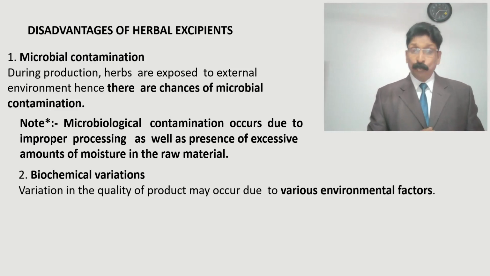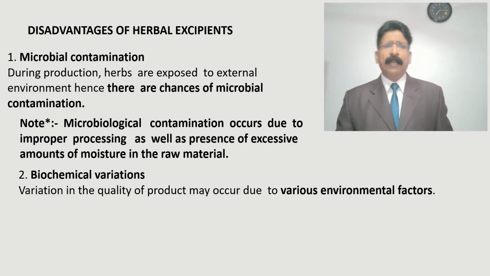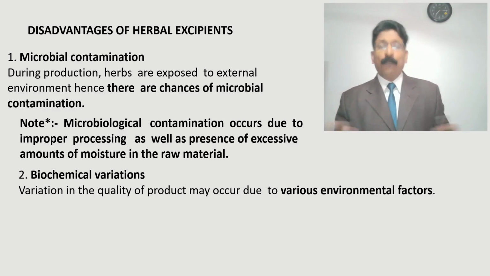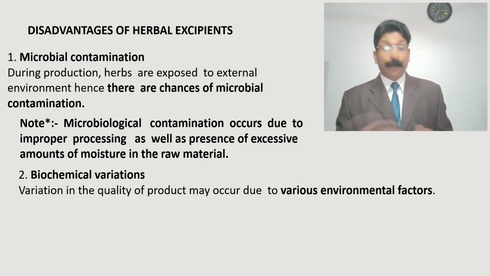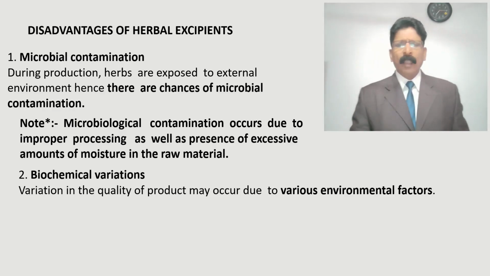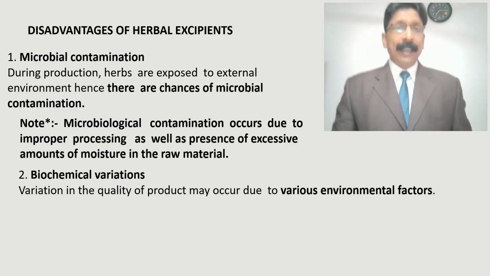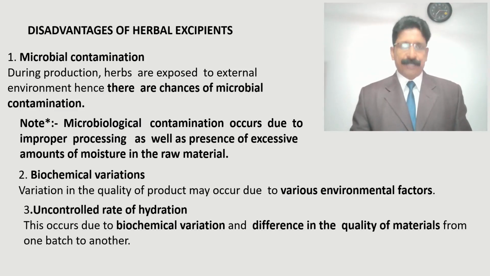Number 2, a disadvantage or demerit can be considered as biochemical variations. The variation in quality of the product, depending on where you are bringing it from and the different places it's grown, may occur due to variation in environmental factors because they are naturally occurring excipients.